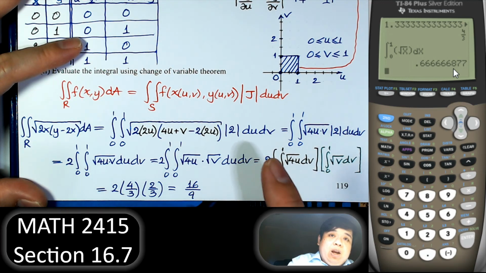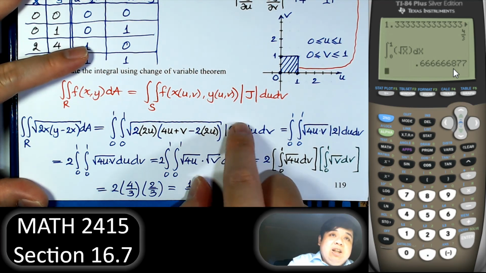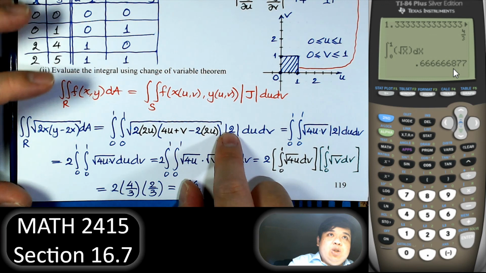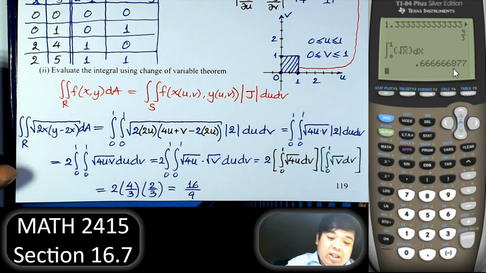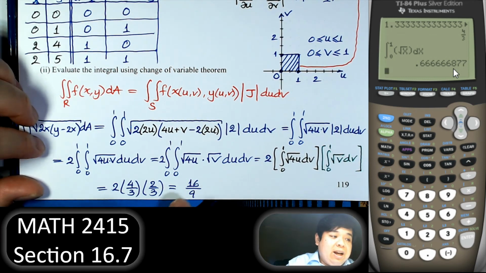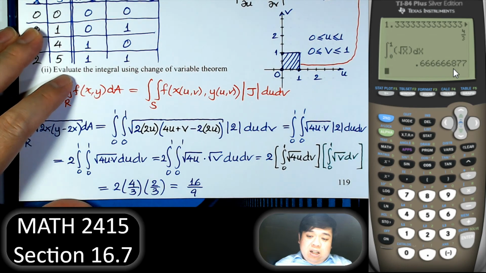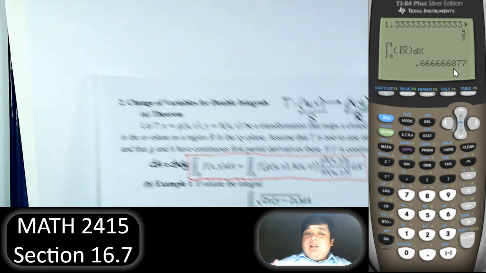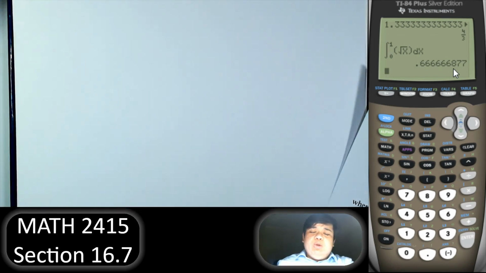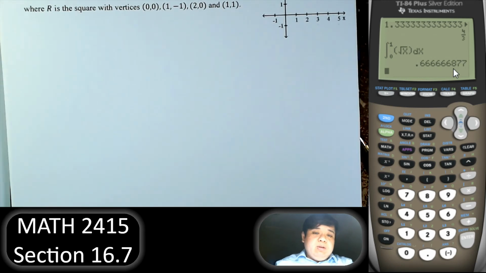The price to pay, or what we have to consider, is multiplying by the Jacobian. So we can turn everything into u and v. And that's what we have. So the application of the theorem is not bad. If we have the transformation, the image and pre-image, the theorem should be very simple.